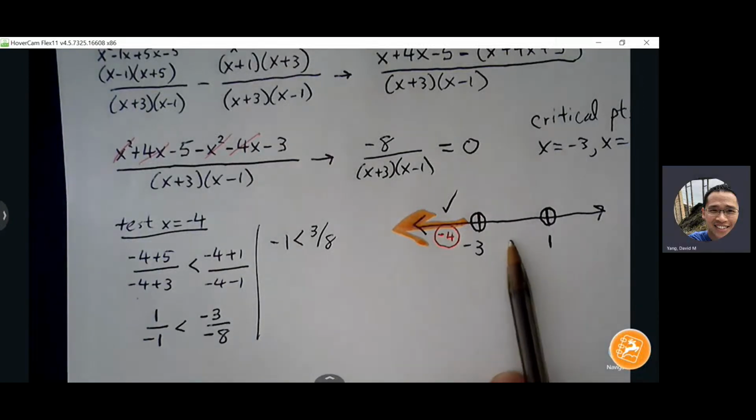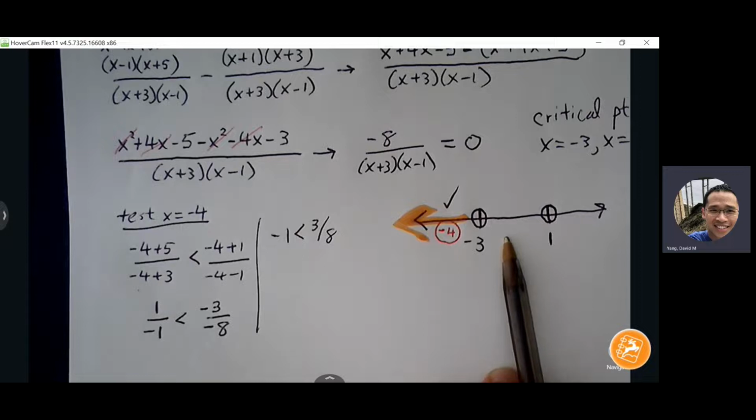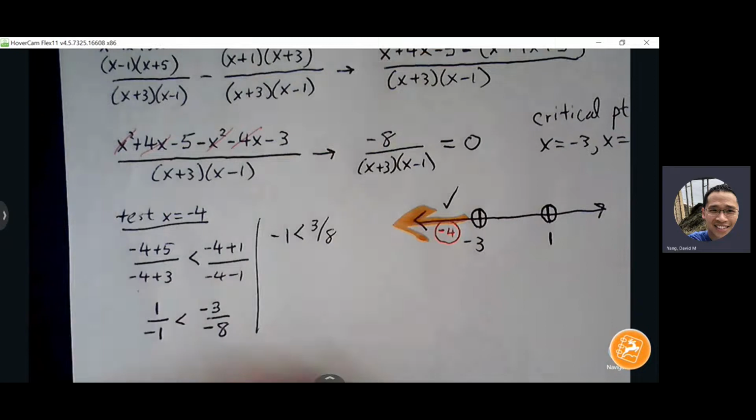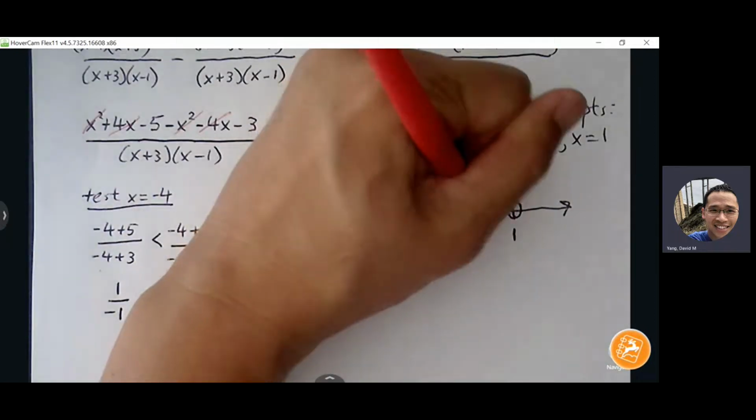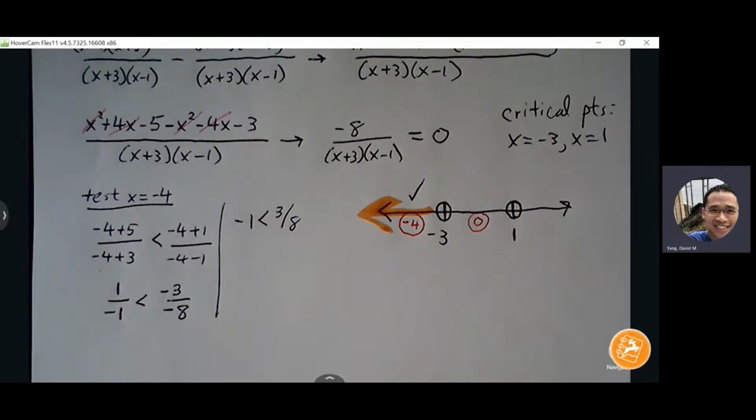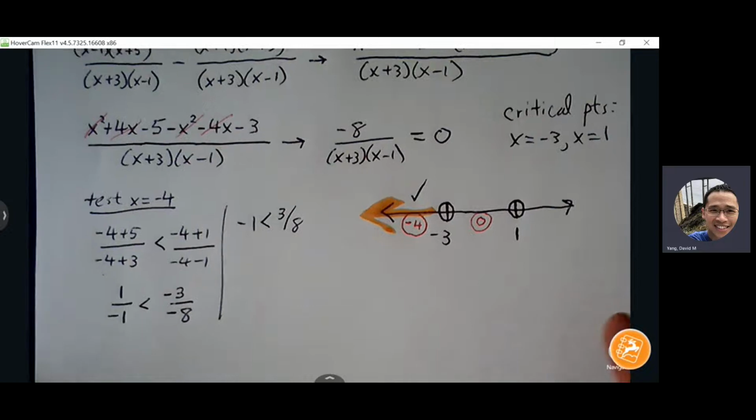Okay, second interval. What's the number that I can test here? Between -3 and 1. 0. Okay, and this is also how we're going to test intervals from a calculus perspective down the line. There's just a tip. Anytime you can involve 0, use 0 because 0 is usually easier to plug in.